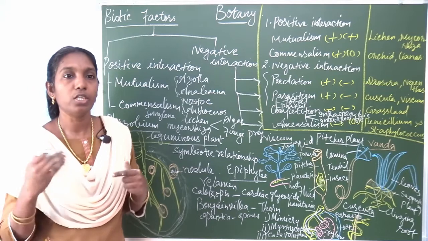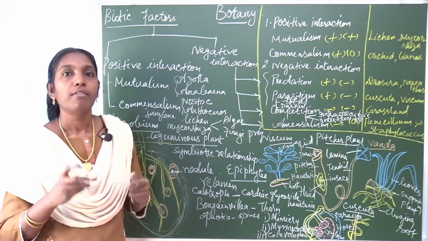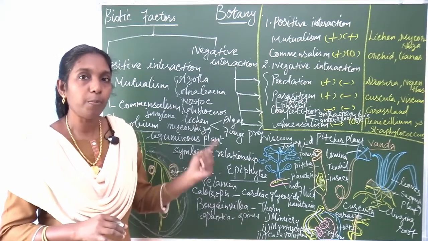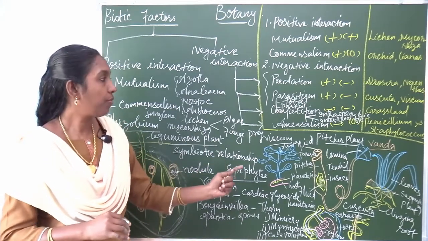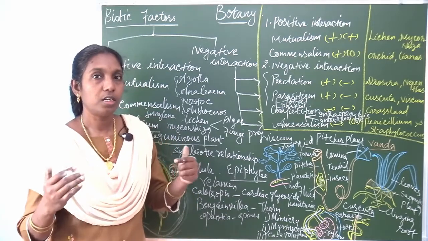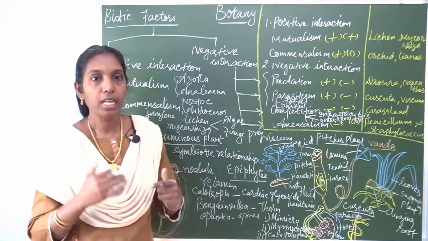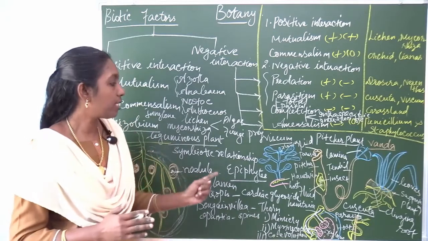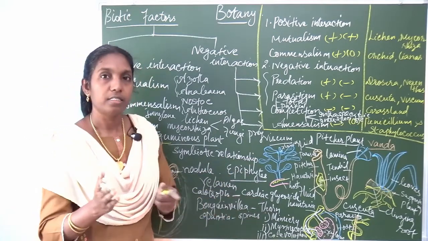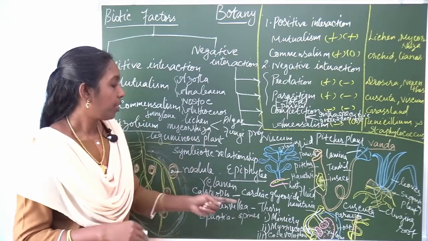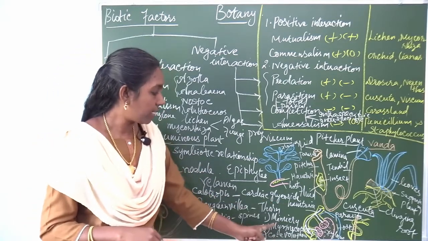The flower looks like a female insect, so it attracts the insect for pollination. It helps pollination, and since it looks similar, it is benefited. So this is co-evolution, one example.